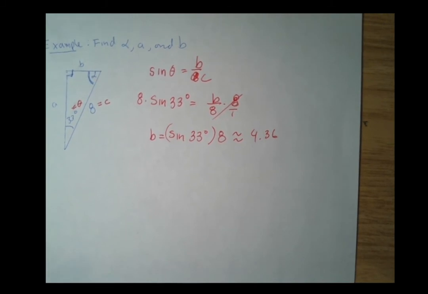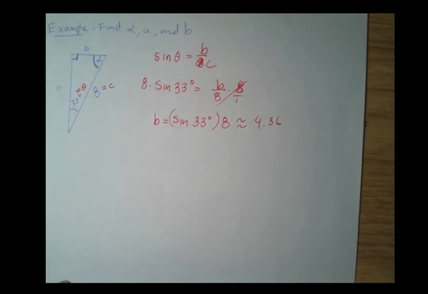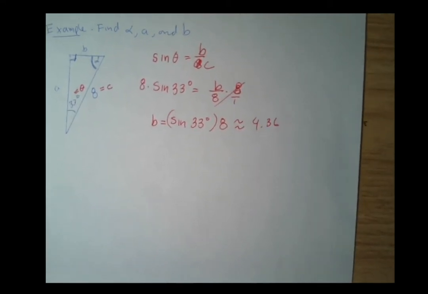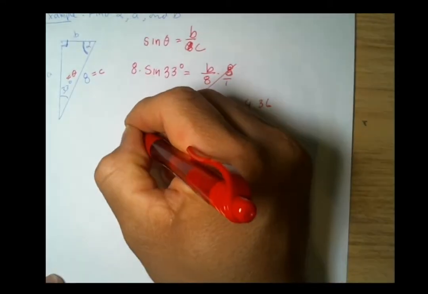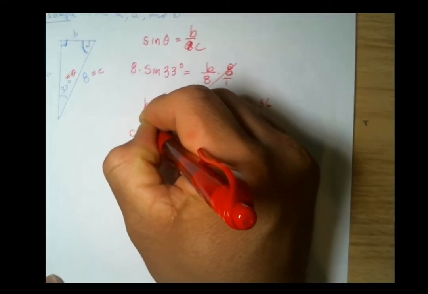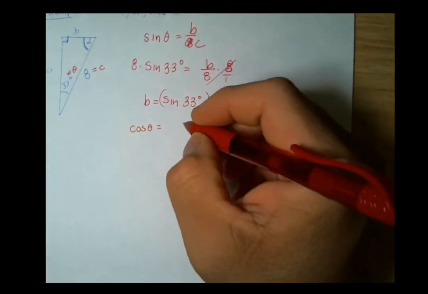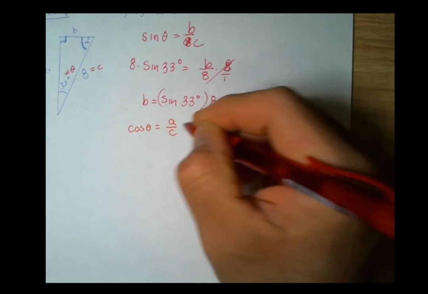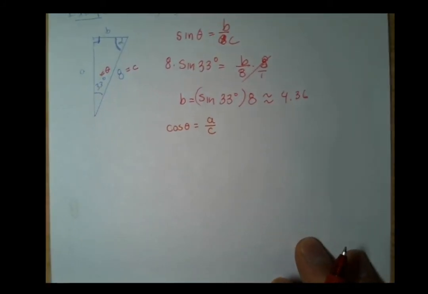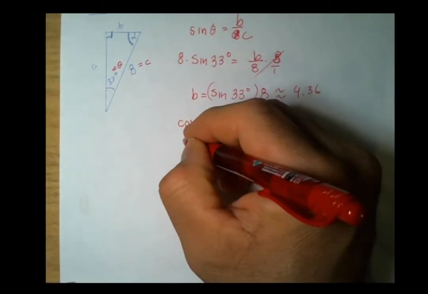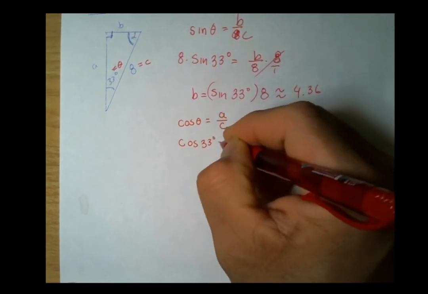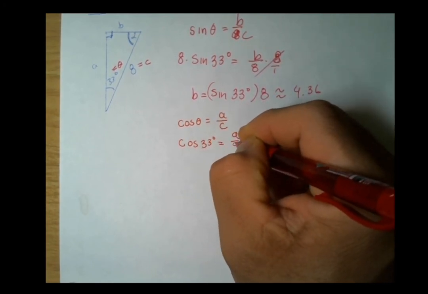Okay, now in a similar way, I'm going to use the cosine of theta. So cosine theta is going to be equal to a over c. All right, plugging in the values that I know, we get cosine of 33 degrees is equal to a over 8.